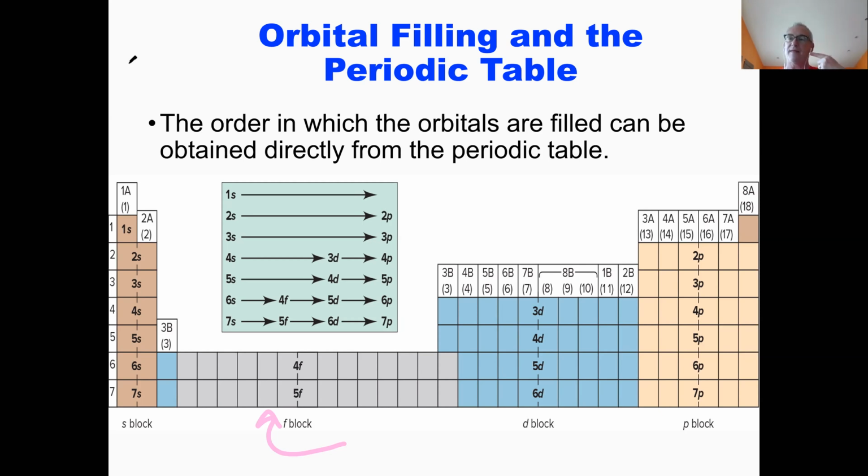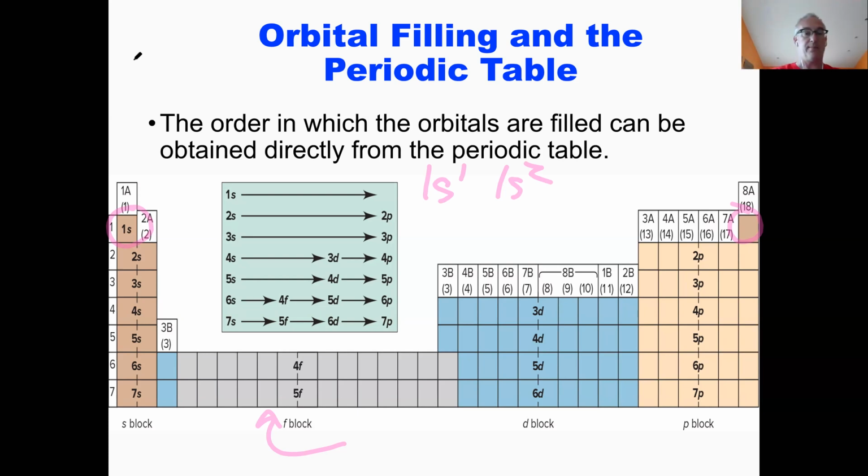But if you look at the periodic table, it will tell you exactly the order in which we fill electrons, just by going across the different periods. As I mentioned, the first period has just 2 elements in it, hydrogen and helium. That's it, going from left to right. That is our 1s, 1s2.